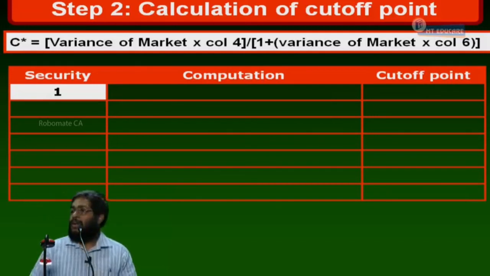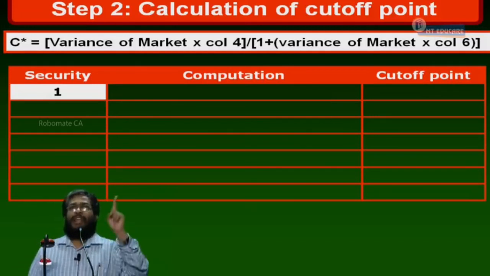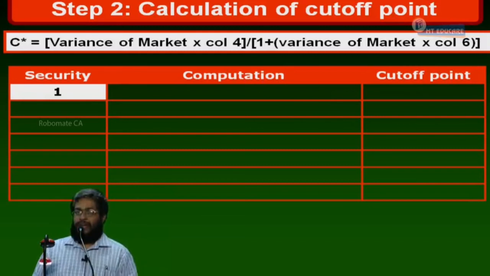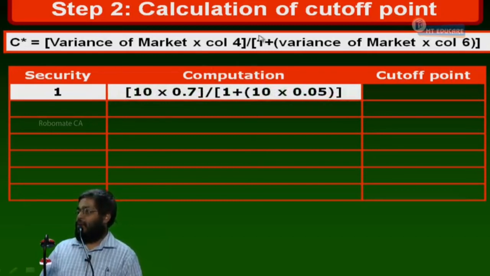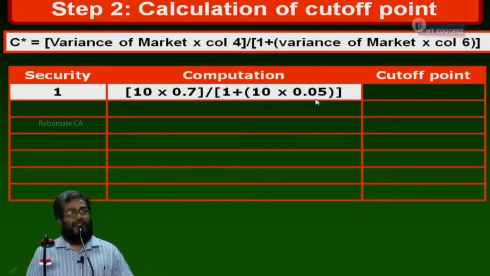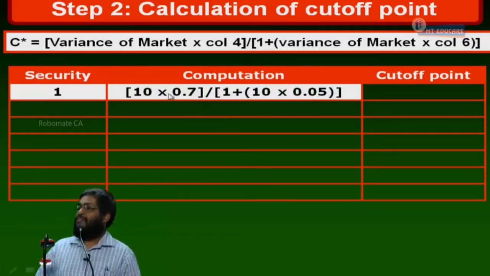Okay, security 1. Now, don't write, tell me, what is variance of market? 10. Into what is column 4 for security 1? 0.7. 10 into 0.7 divided by 1 plus, what is variance of the market? 10 into what is column 6? 0.05. So it is 10 into 0.7 divided by 1 plus 10 into 0.05.